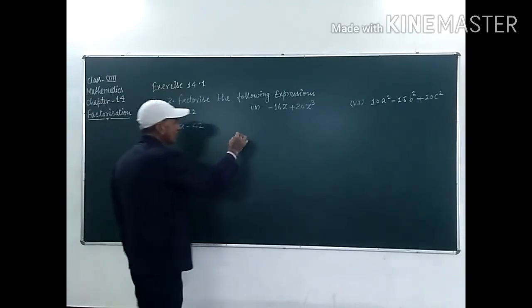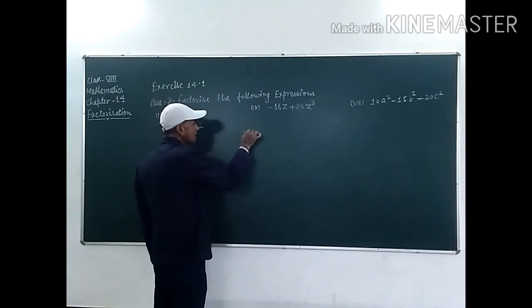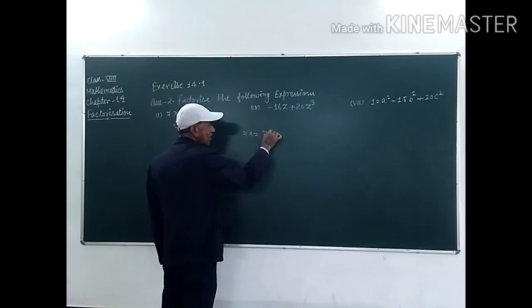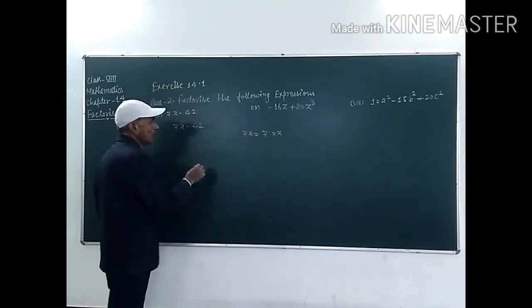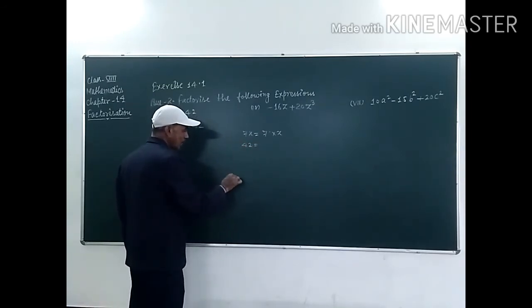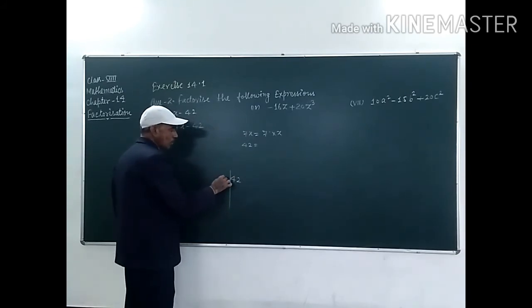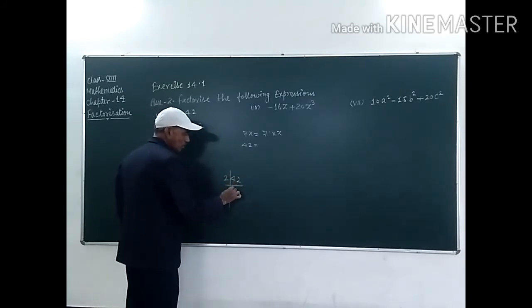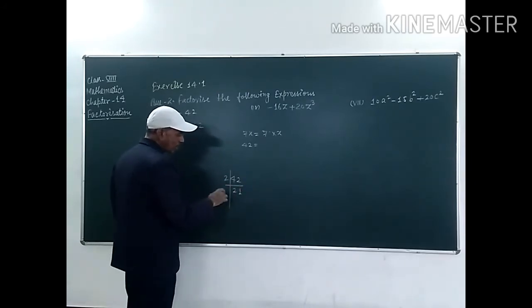So first, factors of 7x. 7 is a prime number, students, so factors will be 7 into x. After that, we have to find the factors of 42, students. So factors of 42, it means we have to divide 42 by 2 first. 2 ones are 2, 21.